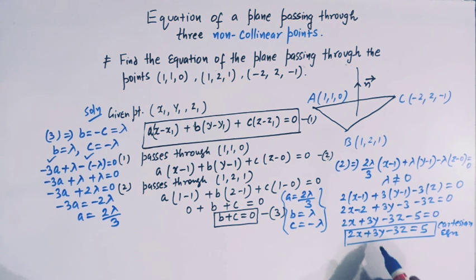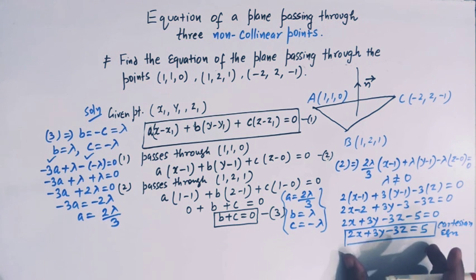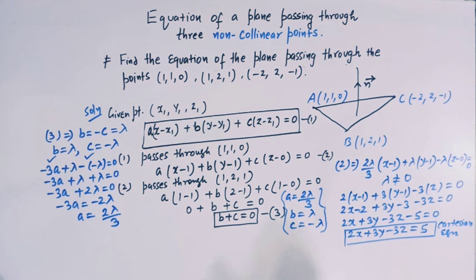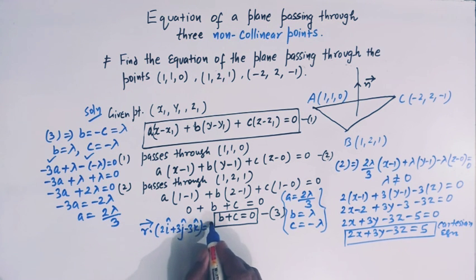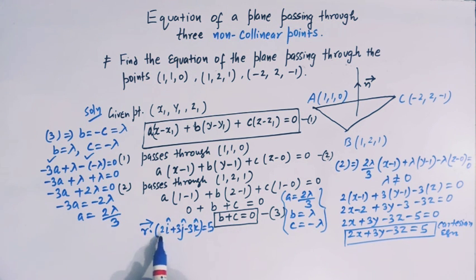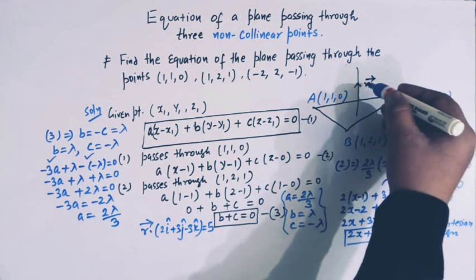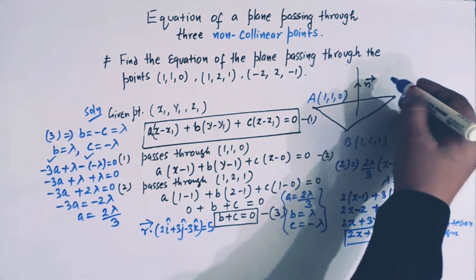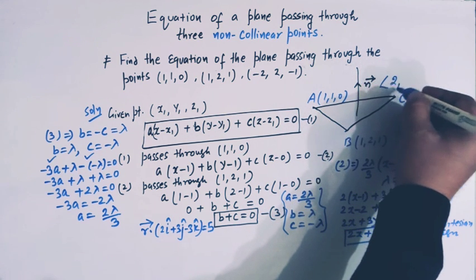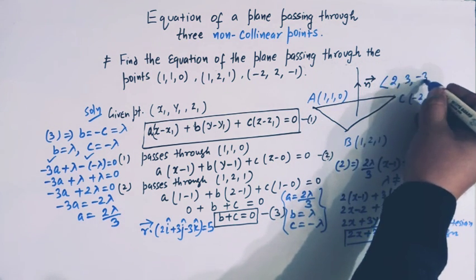Now if we want to write the equation of this plane in vector form, we can write vector r dot (2i cap + 3j cap - 3k cap) = 5, and the direction ratios of this normal vector are given by 2, 3 and -3.